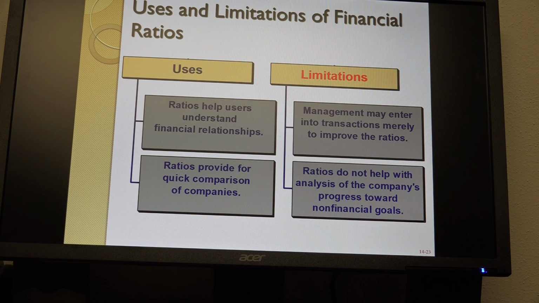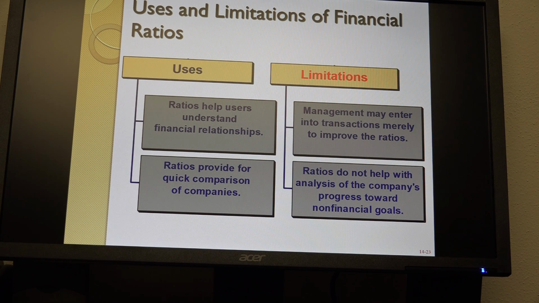All right, so uses and limitations of financial ratios. As far as uses, ratios help users understand relationships in the financials. Ratios provide for quick comparison of companies within the same industry, competitors. Limitations.